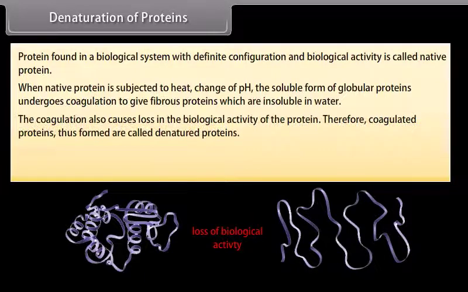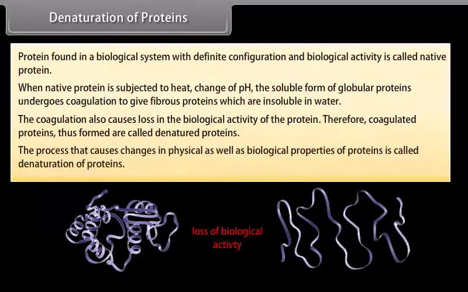The coagulation also causes loss in the biological activity of the protein. Therefore, coagulated proteins thus formed are called denatured proteins. The process that causes changes in physical as well as biological properties of proteins is called denaturation of proteins. For example, coagulation of egg on boiling and curdling of milk.